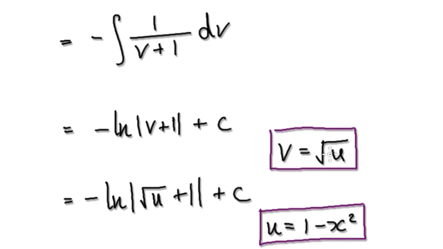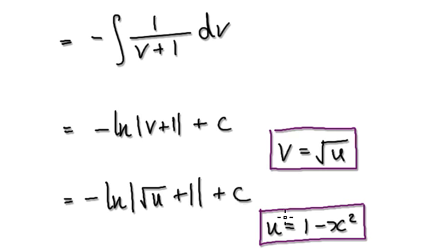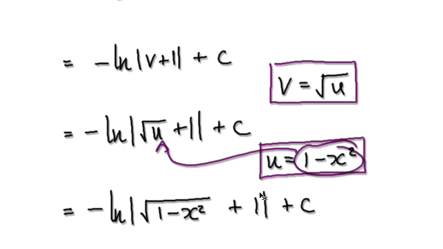And then earlier we said let v be square root of u. So we can put the square root into the v here, and then that would then take us to here. And then earlier we said let u be this. So we can put this into the u here, giving you this.